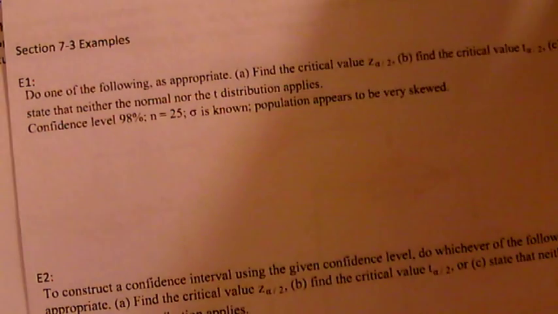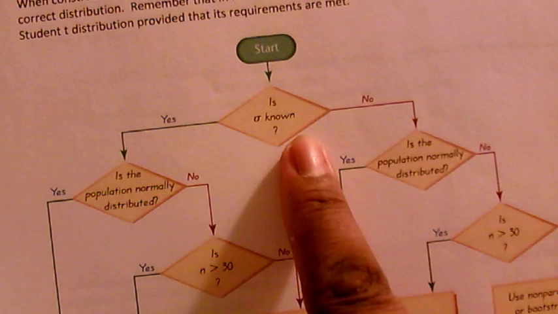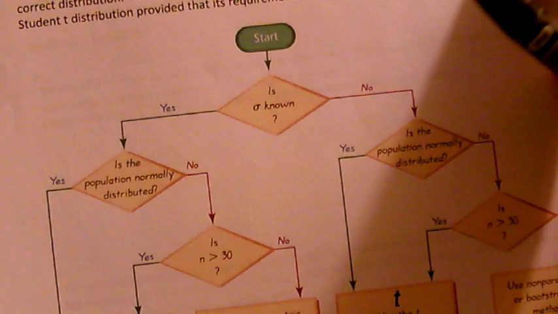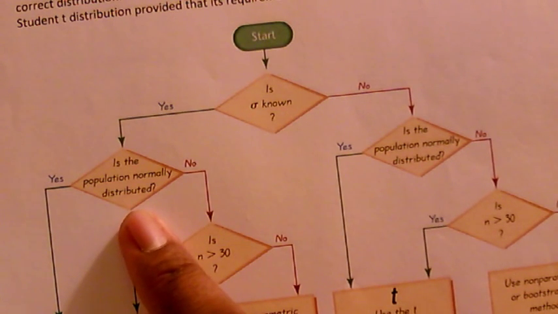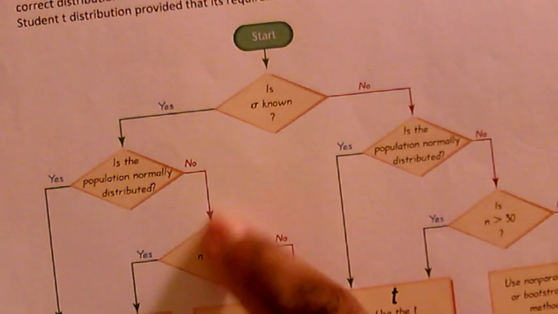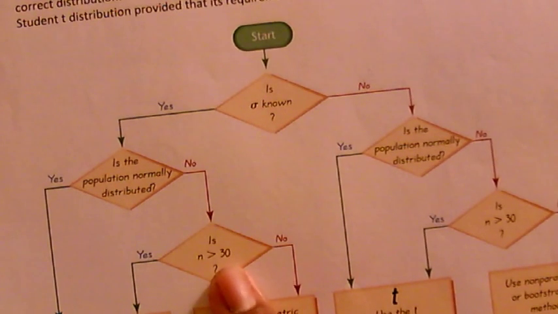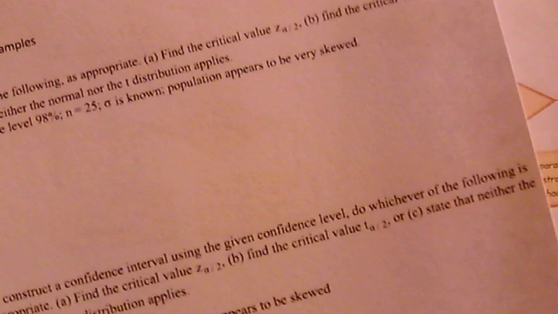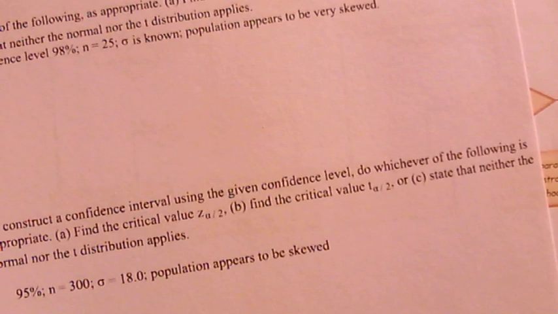Okay, so let's look at that flow chart. Is sigma known? Yes, it is. And then we ask ourselves, is the population normally distributed? We were told that the population appears to be skewed, so that's a no right there. And then we ask the question, is n bigger than 30? In this case, that's no. So they're saying use non-parametric or bootstrapping methods. So to answer that question, it's going to be neither the normal nor the t-distribution applies.